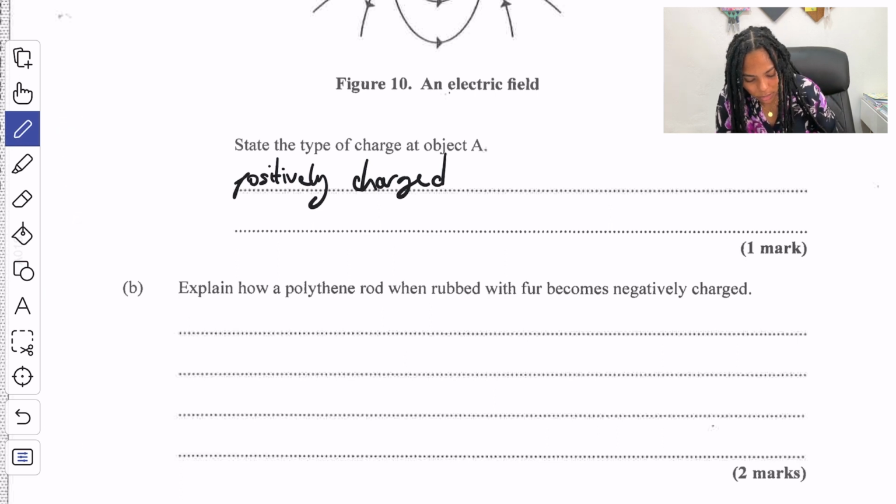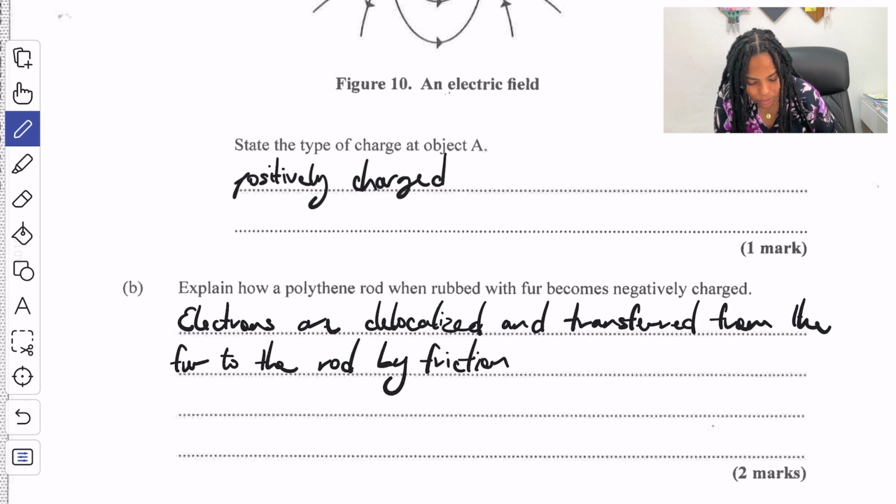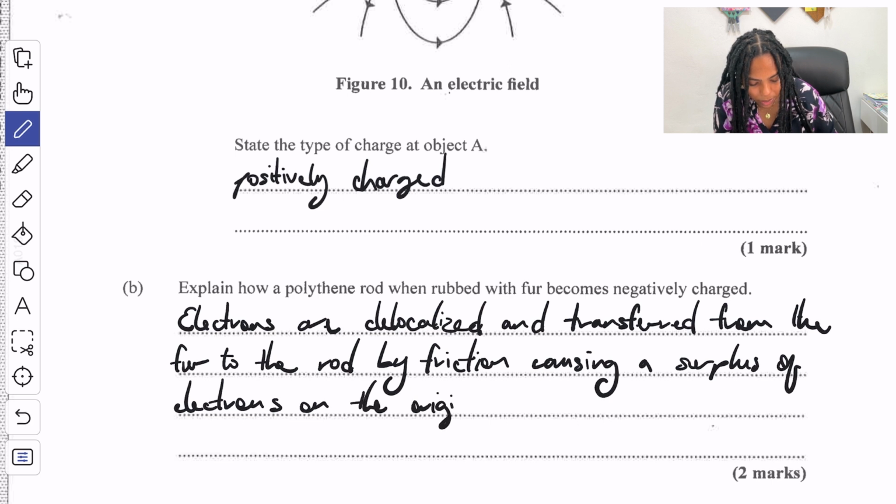So electrons are delocalized and transferred from the fur to the rod by friction, causing a surplus of electrons on the originally neutral or uncharged rod.